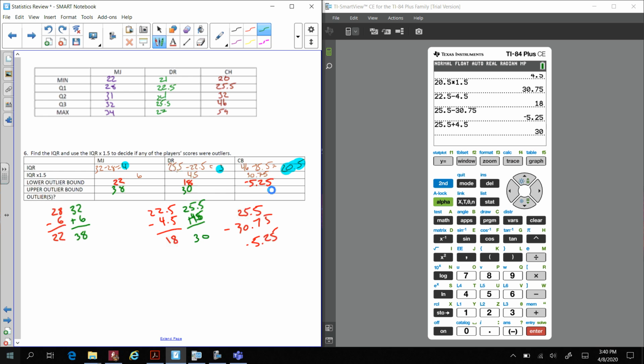And for Charles Barkley, let's look at that big number, 46. So we're going to add 30.75. Mathematically, do we have an outlier? 46 plus 30.75.